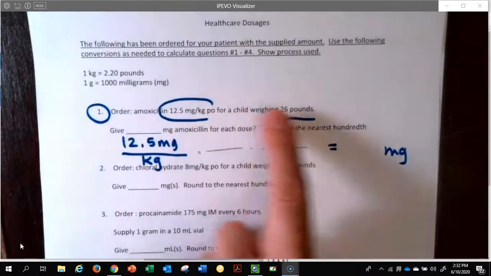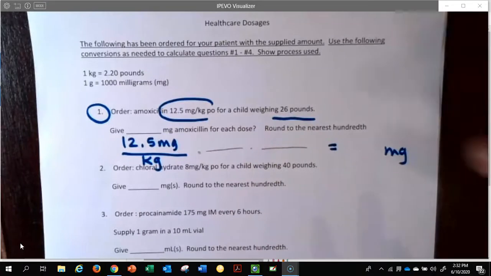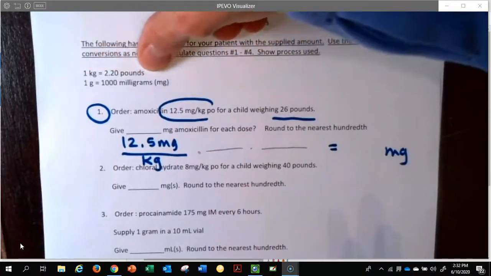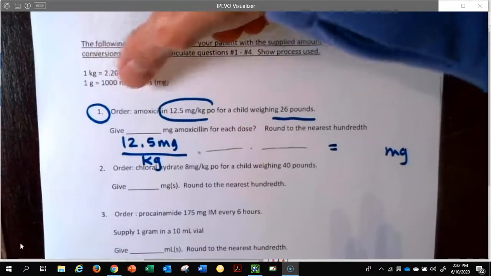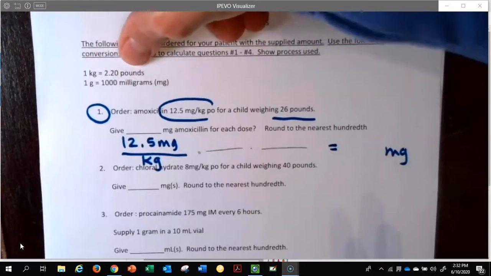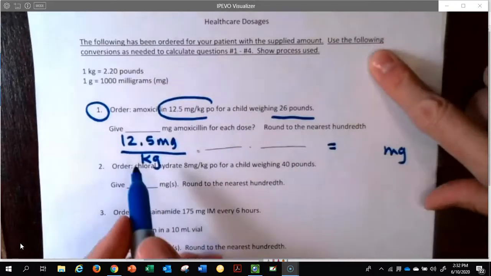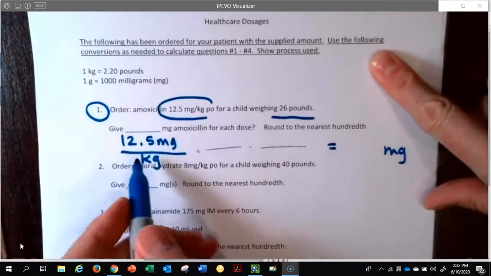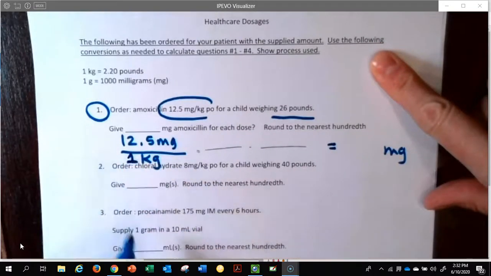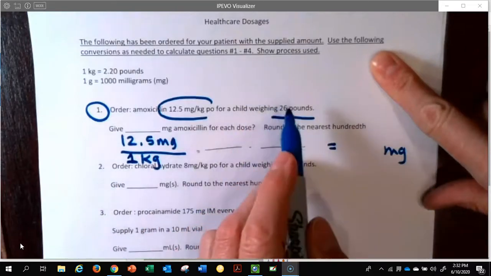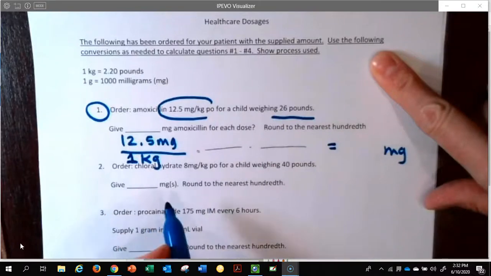When I look at the main problem, I don't see anything with kilograms, but if I look at what's given up here, I do have one with kilograms that just happens to have pounds. So I'm going to go ahead and set this up, because we had 12.5 milligrams for every 1 kilogram that a child weighs, but this child weighs pounds, not kilograms, so we've got to do some conversions.